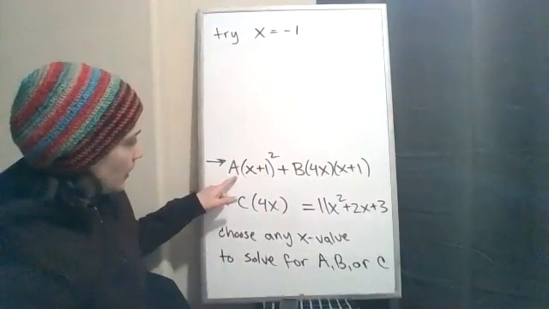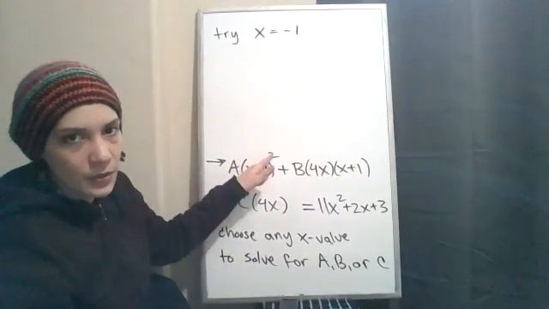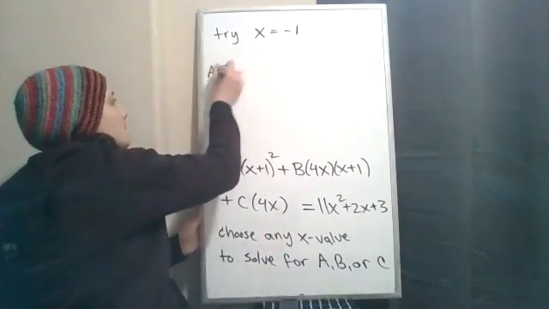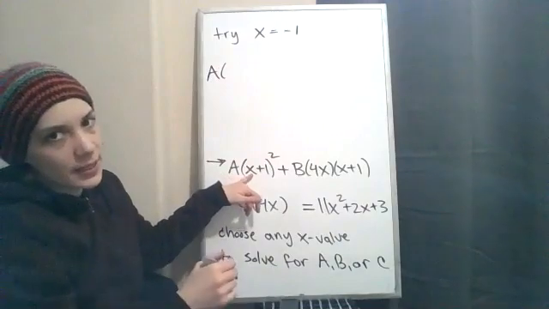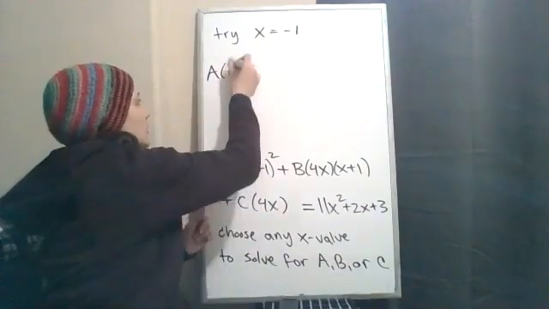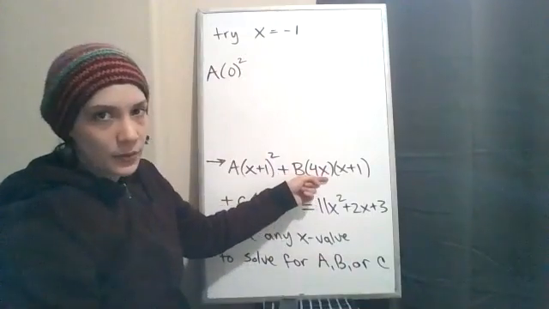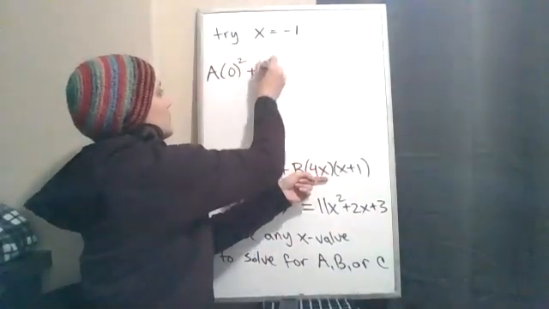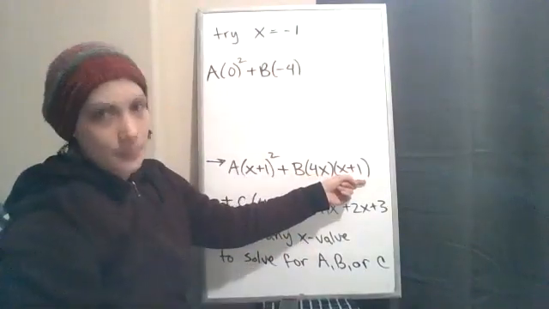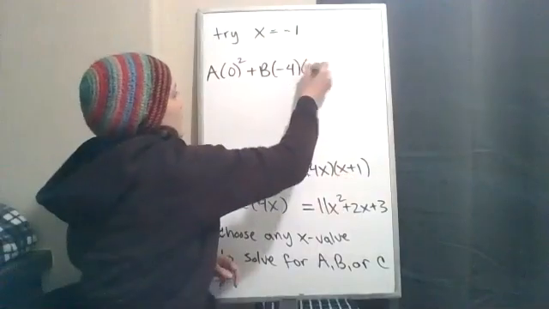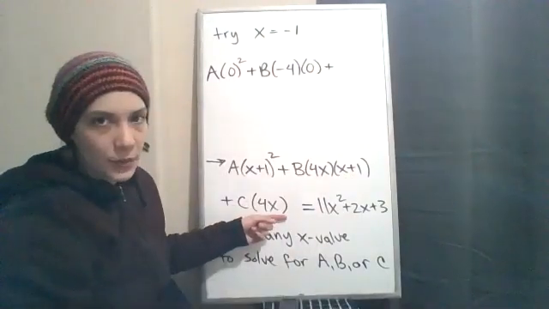All right, so this would be a times -1 plus 1 squared, which we're gonna jump to putting in 0. B times -4 times 0. Okay, add C times -4.